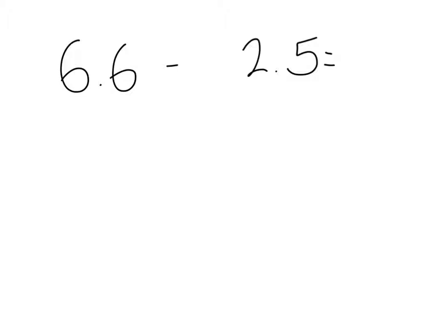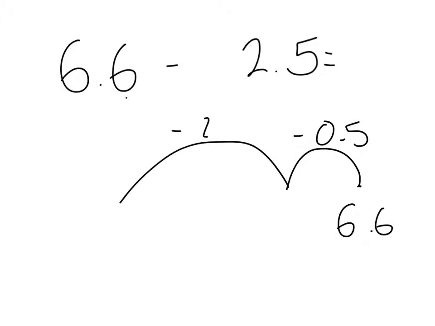Okay, welcome back. We start the number line at 6.6 and then we're going to jump back. This time it's 0.6 there, but we're actually only taking away 2.5, so we only need to jump back 0.5, and we also need to jump another 2.